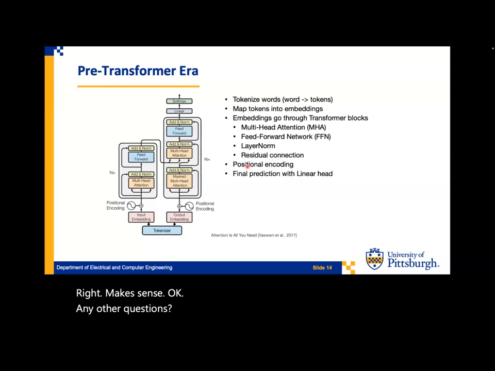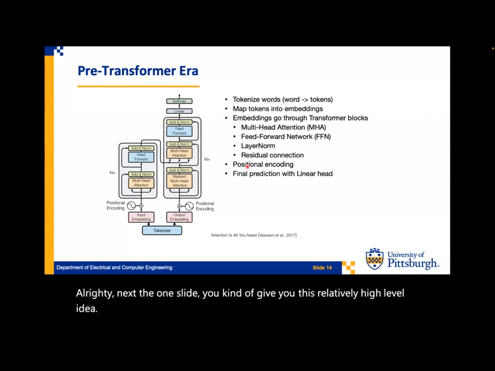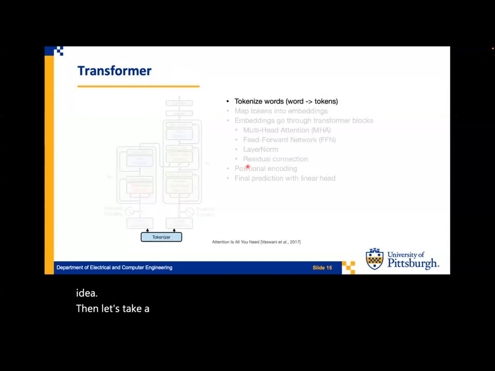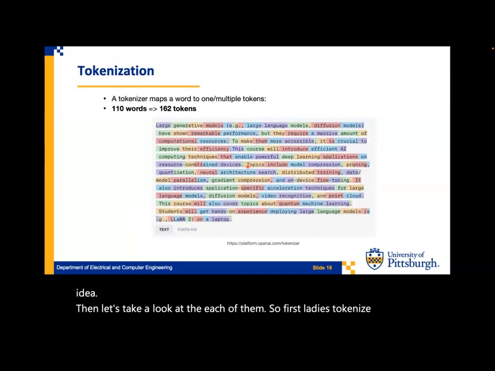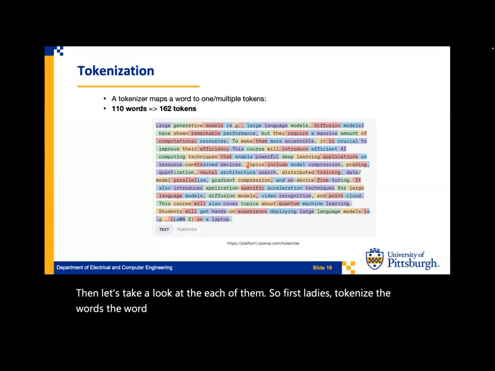All right. Next, once I've given you this relatively high-level idea, let's take a look at each of them. First, tokenizing: mapping words to tokens. A tokenizer maps a word to one or multiple tokens.